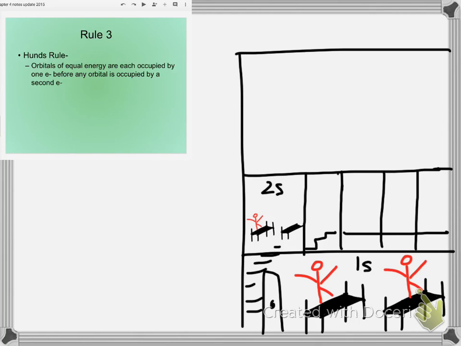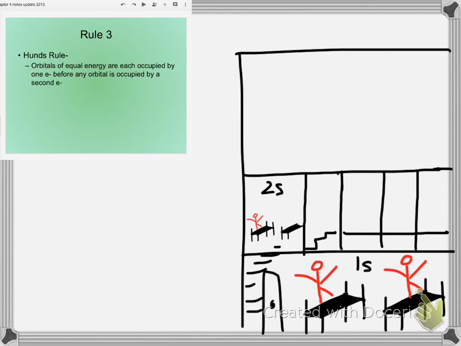So right now we're using all these metaphors about you and a roommate and climbing stairs. If we think about this in terms of actual electron and subatomic particle behavior, are 2 electrons attracted to one another or repelled? They're repelled. 2 electrons don't really want to be in the same space because they both have negative charges. Like charges repel.